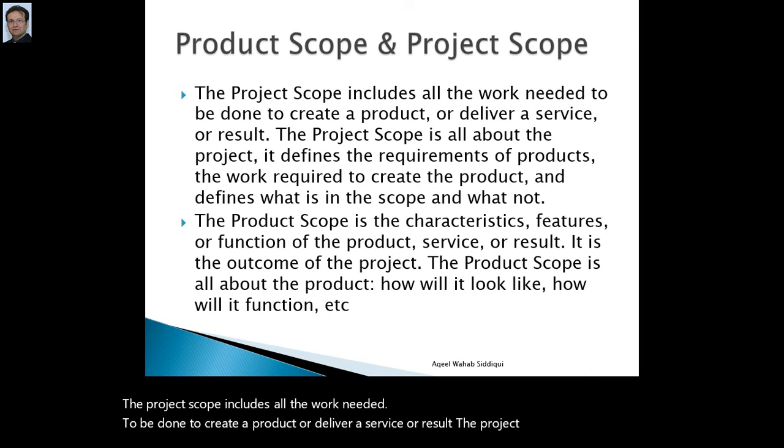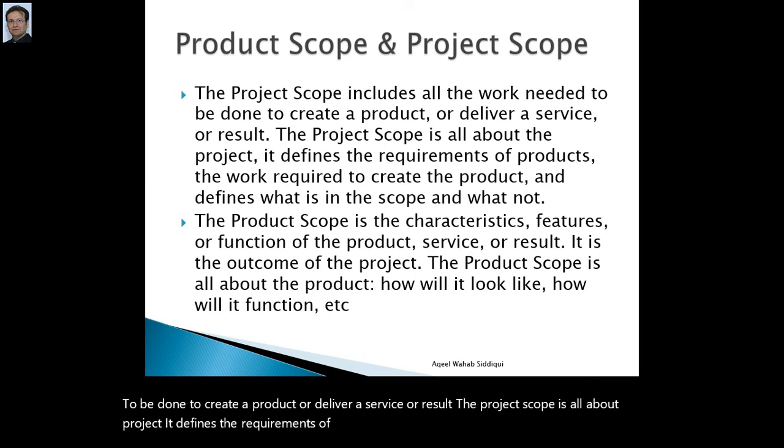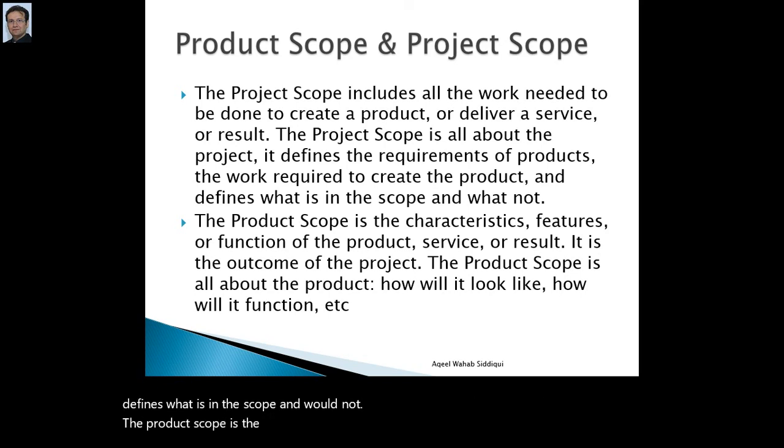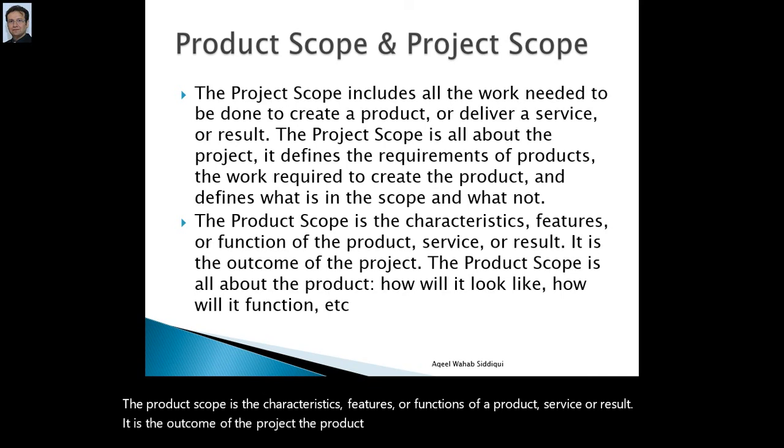It defines the requirements of products, the work required to create the product, and defines what is in the scope and what is not. The product scope is the characteristics, features, or functions of a product, service, or result. It is the outcome of the project. The product scope is all about the product, how it will look and how it will function.